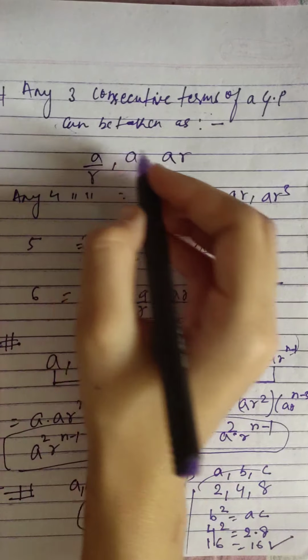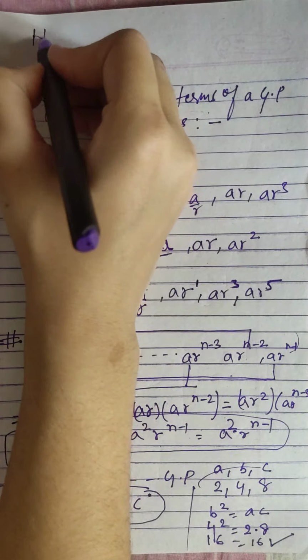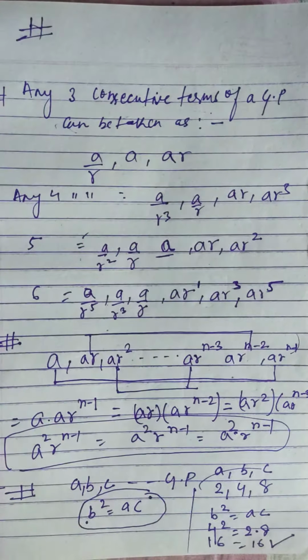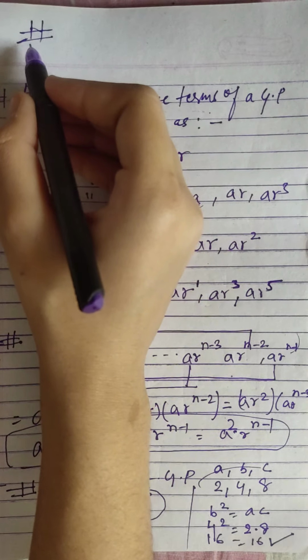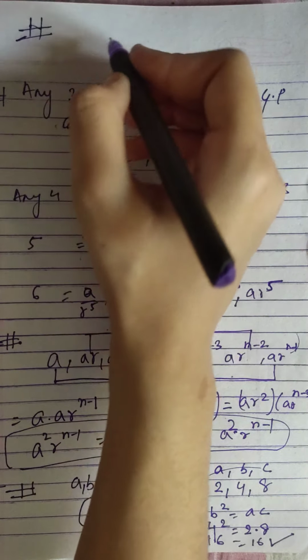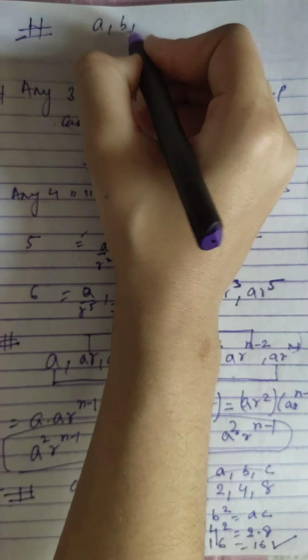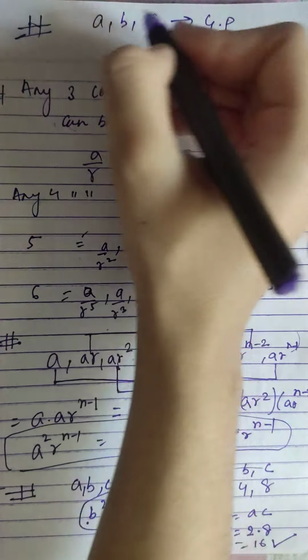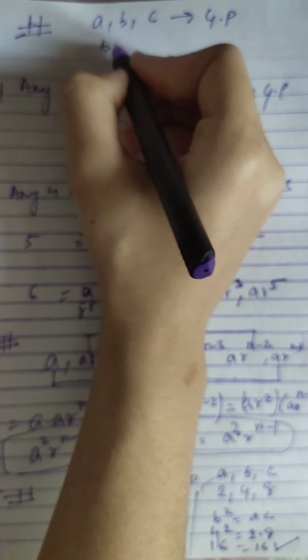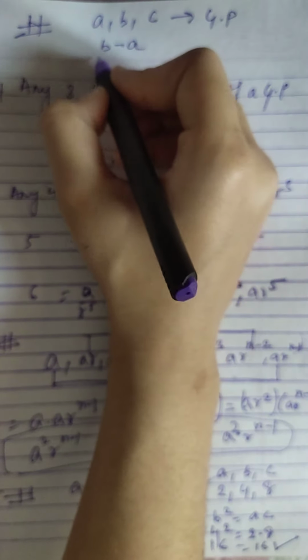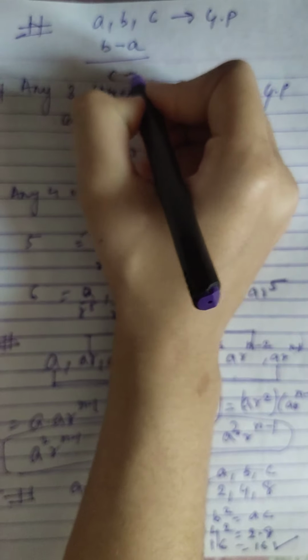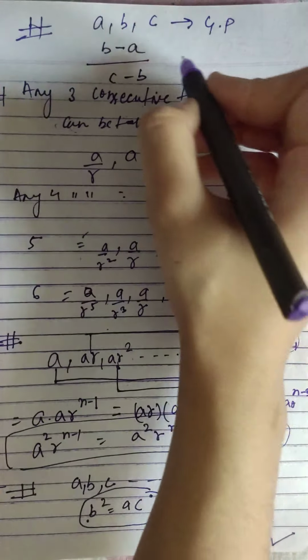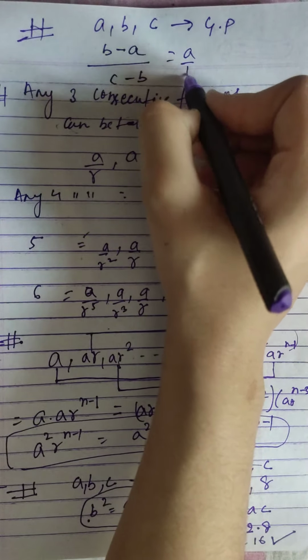Okay, so one more property is there. It's not that important, but if you feel that you should keep it in your mind, then you can keep it in your mind for sure. So if a, b, c are in GP, then b minus a upon c minus b is equal to a upon b.